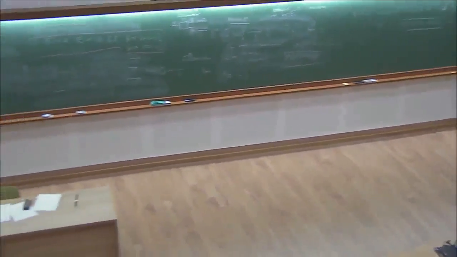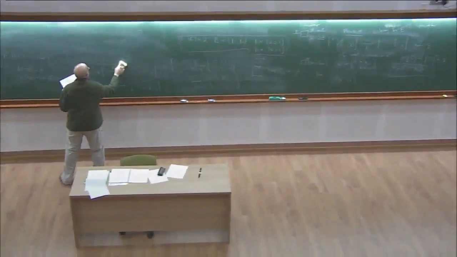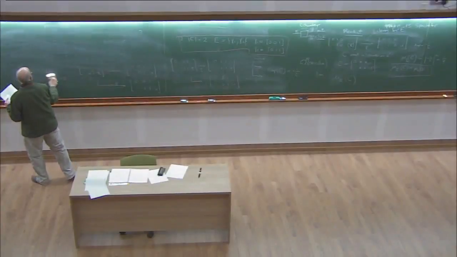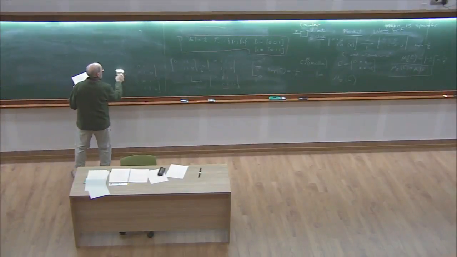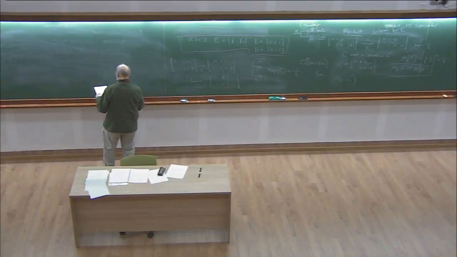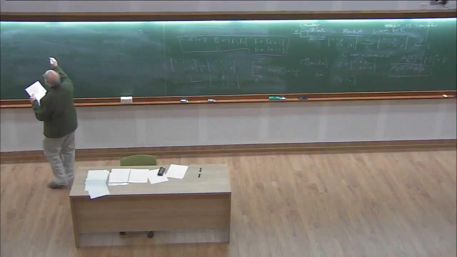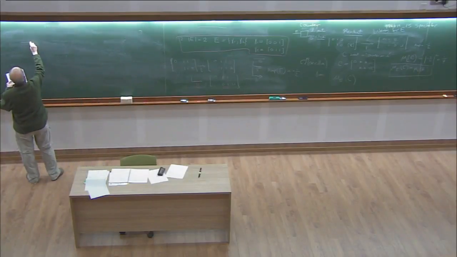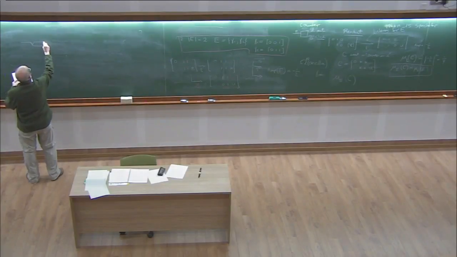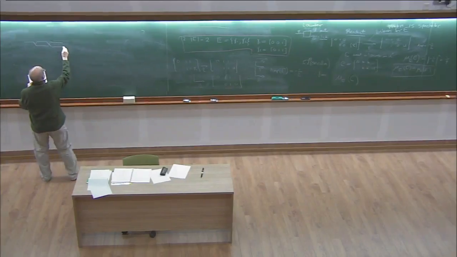Let me try and just indicate pictorially what's going on. Schematically, we had the system. There were only 2 beam splitters here actually.